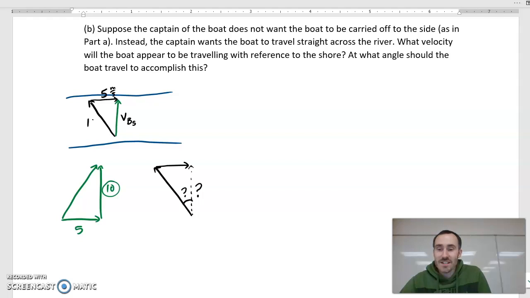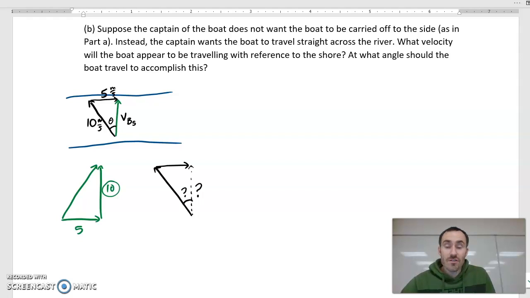And so this is 10 meters per second, right? Because that's how fast we can actually sail this boat. So now all that's changed here is that we know the hypotenuse is 10. Rather than knowing the opposite and adjacent sides and then figuring out the hypotenuse, which was the resultant, right now we know the hypotenuse and the resultant is actually the adjacent side. This is the angle we're working with right now.